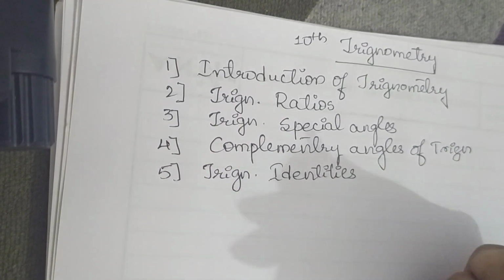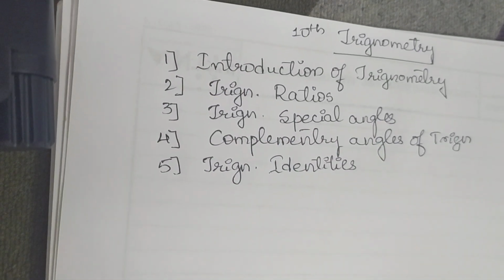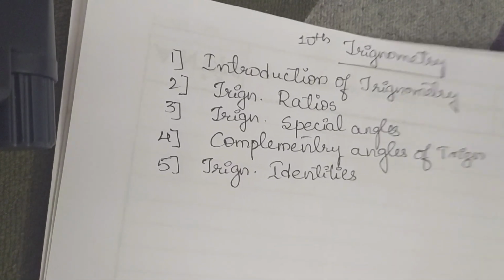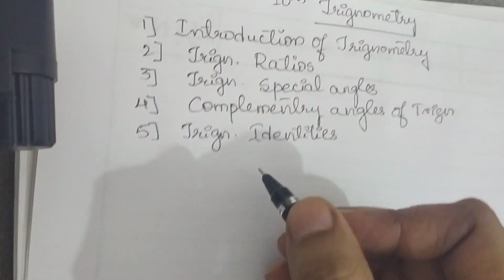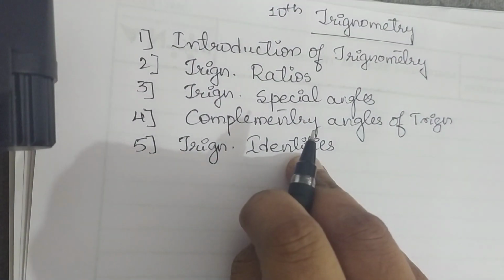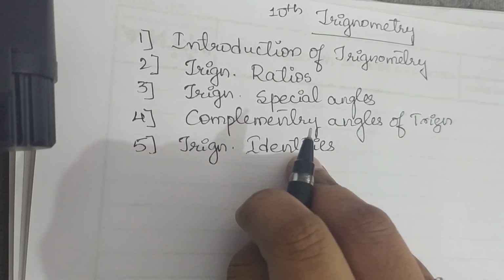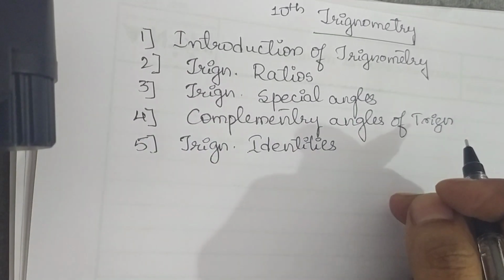There are certain identities used in trigonometry, as we use identities in algebra. Same way, there are certain trigonometric identities also. We are using them and finding the solution.